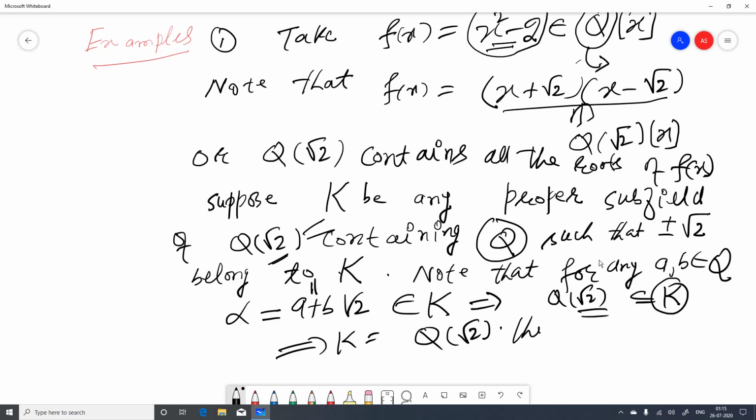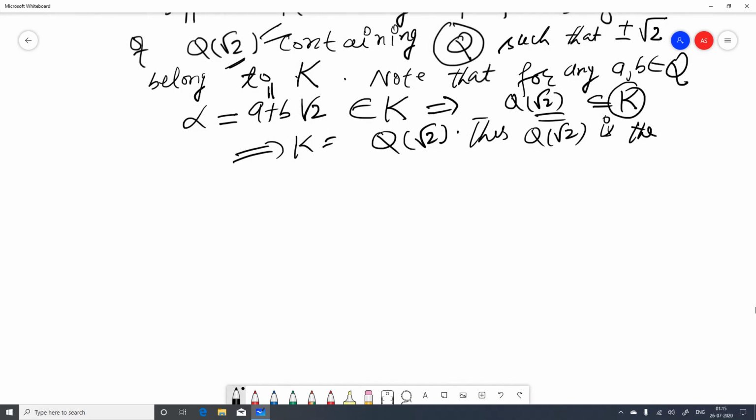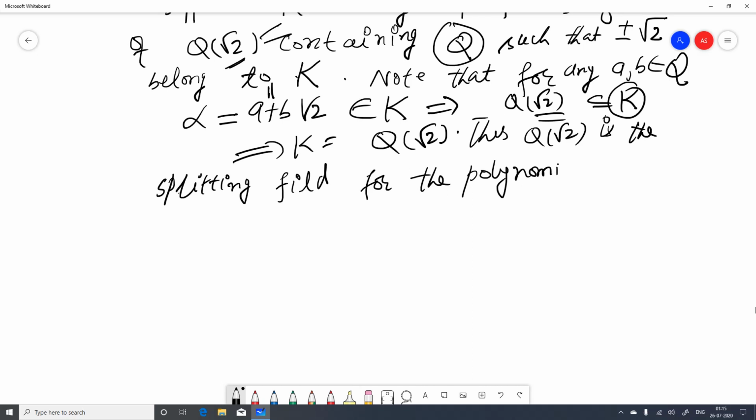So thus Q root 2 is the splitting field for the polynomial x square minus 2 over Q.